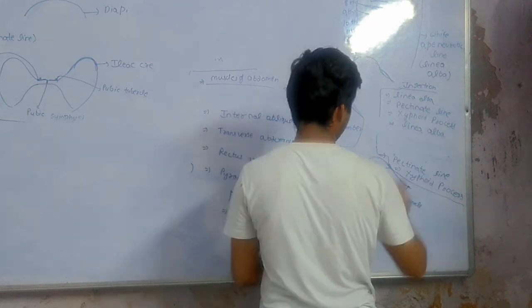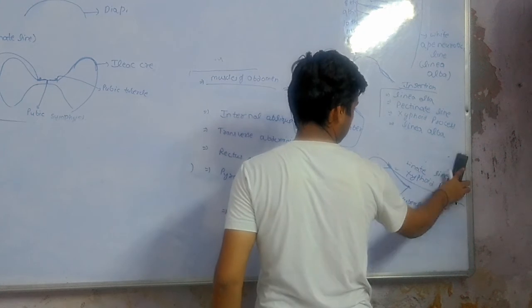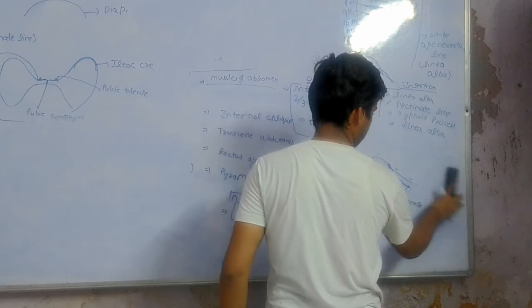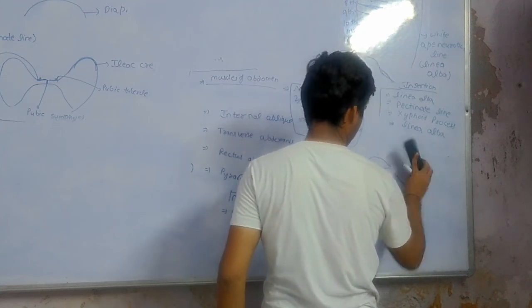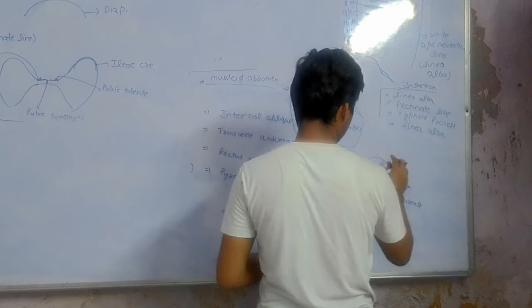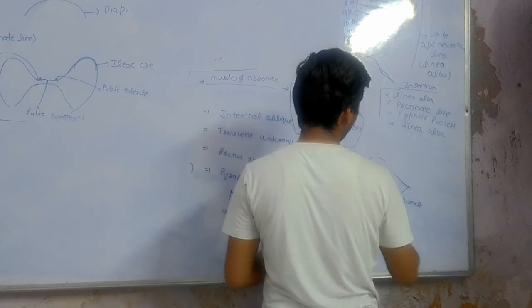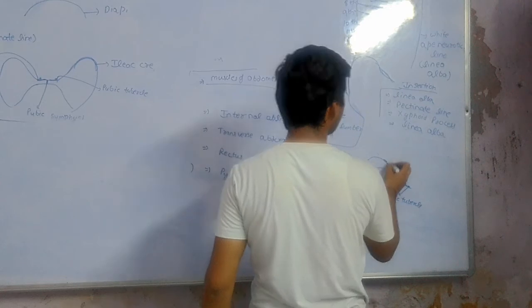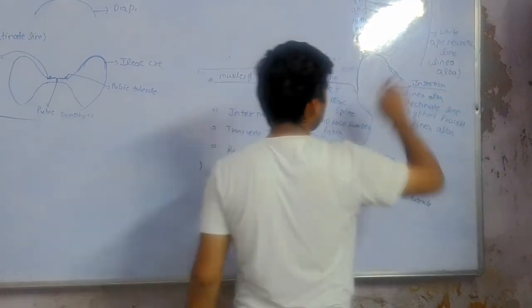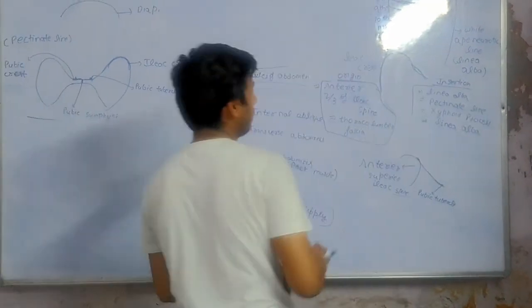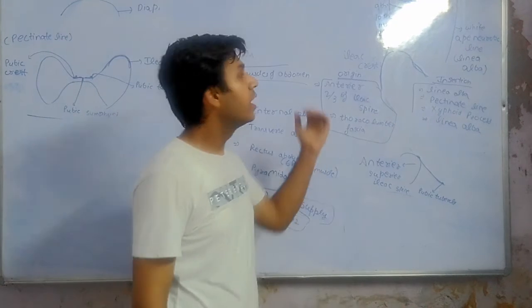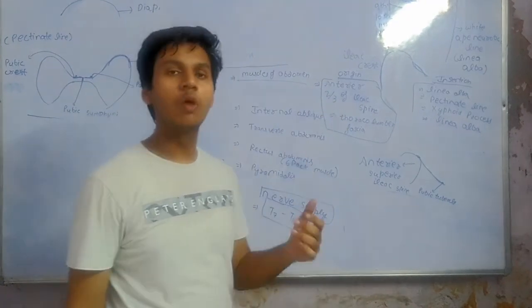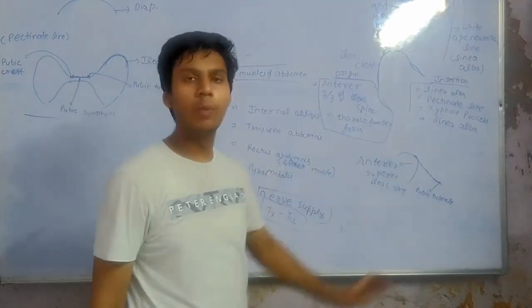Then the ligament, the inguinal ligament, is present like this. Here it takes origin, this is the anterior 2/3 of the iliac spine. Here, remember, external oblique takes insertion in the anterior 2/3 of the iliac spine, like the inguinal ligament, but internal oblique takes origin.